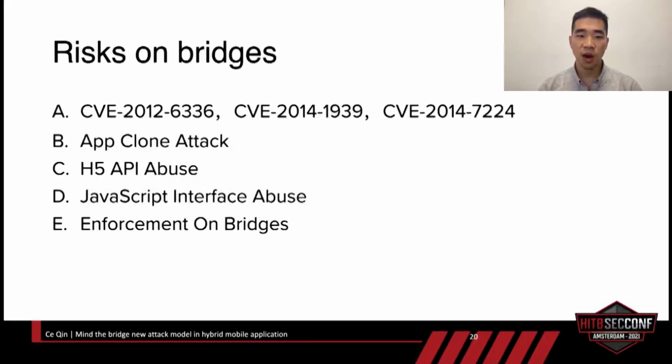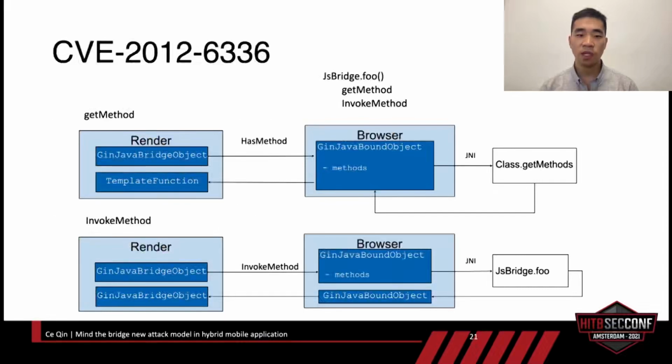These bridges provide powerful features but also present security risks. When a JavaScript interface is invoked, there are at least two opcodes in the JavaScript engine. First, get method. As we said before, the object we see from JavaScript is an empty V8 object, so the renderer will transfer the has-method check to the browser model and invoke the Java built-in function Class.getMethod through JNI.